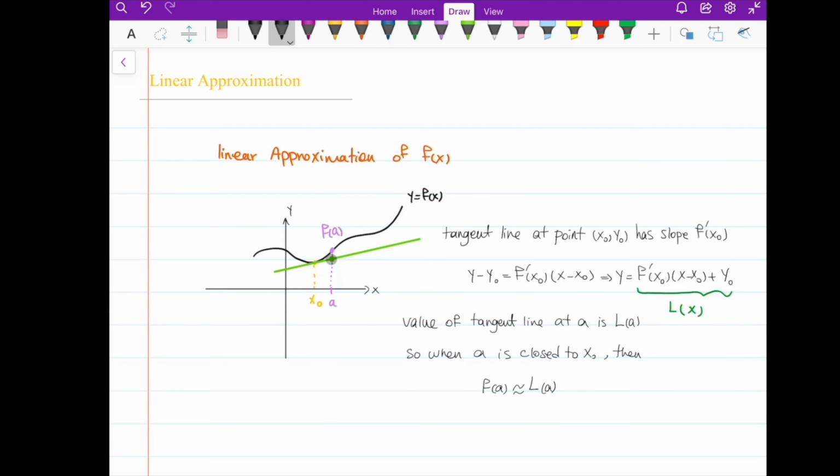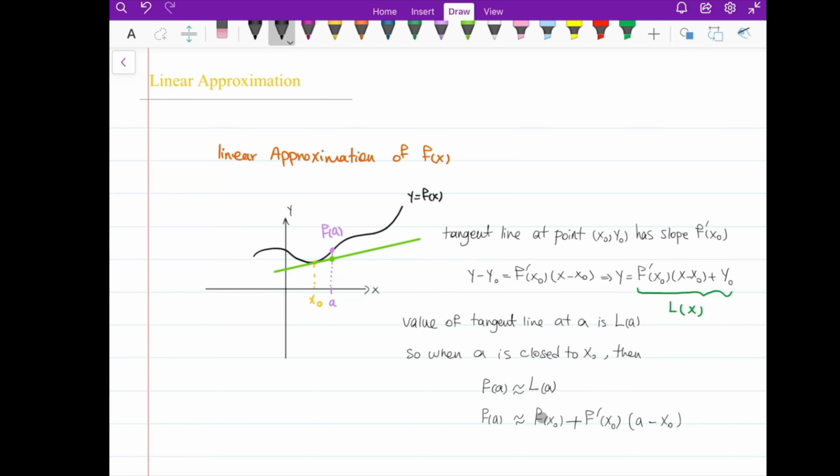The value of the function, the value of the line, the tangent line at A. And so f of a is approximately, I'm gonna plug in a to my line in here. So I'm gonna write y naught, and y naught is basically f of x naught, plus f prime of x naught, I'm gonna plug in a for x, minus x naught.